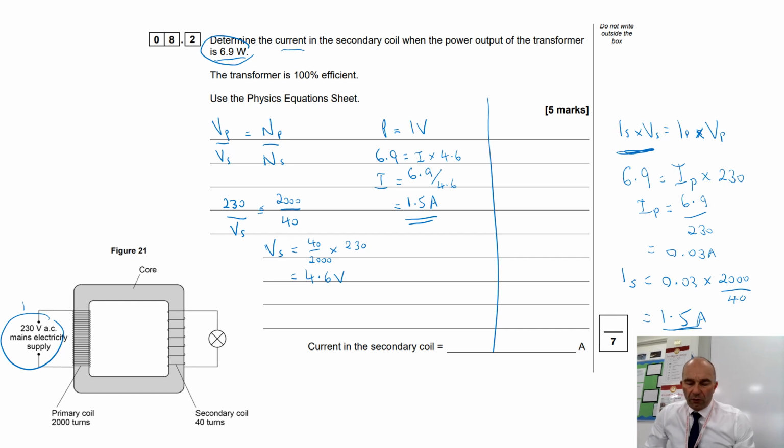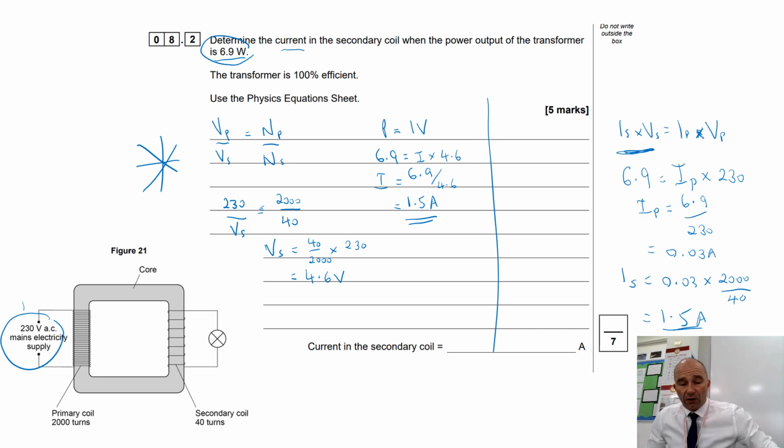Whichever method you choose, if you get the correct answer, you get 5 marks. Personally, this is probably the way I would have gone with it, but at the end of the day, it really doesn't matter which way you do it, as long as you get the right answer.